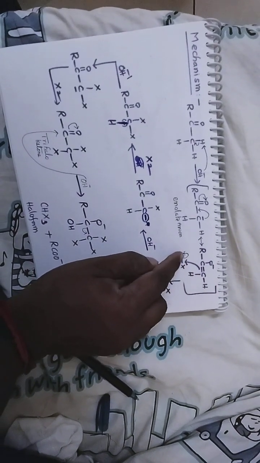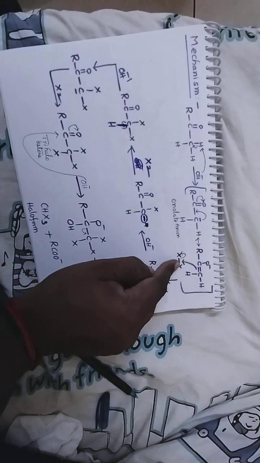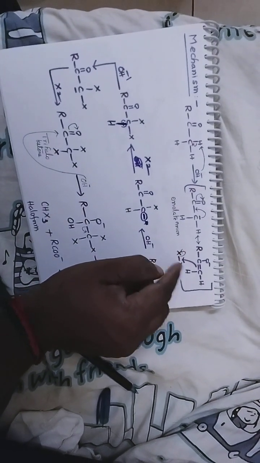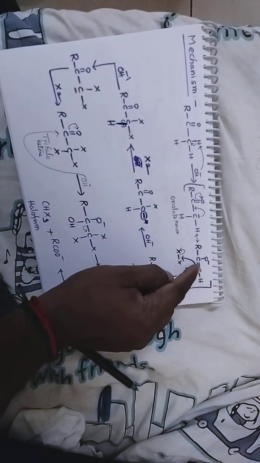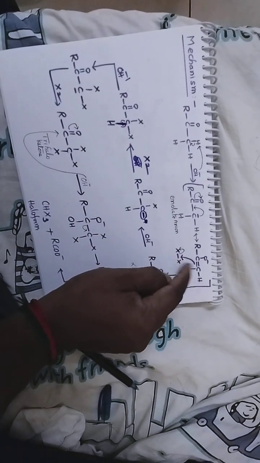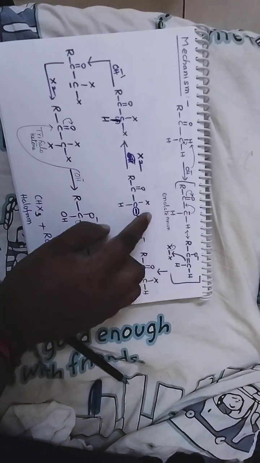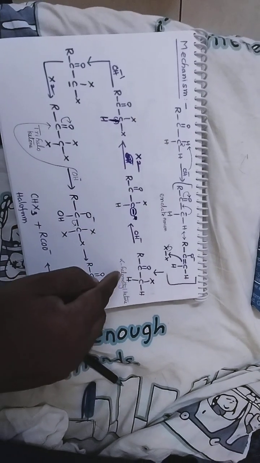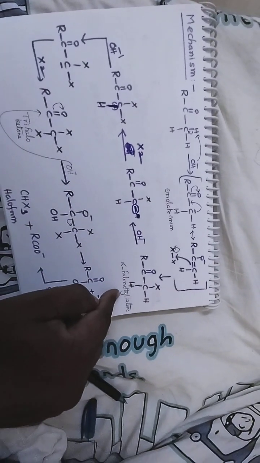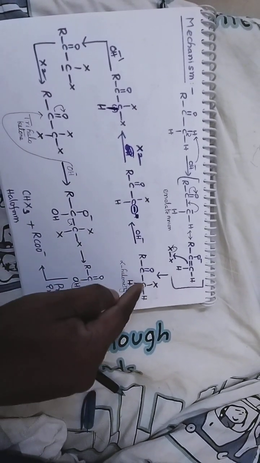Now halogen, one will be plus, one will be minus. So here already electron density is more, so the halogen plus will be attached here. And the X minus will be removed. So here is alpha halo methyl ketone.